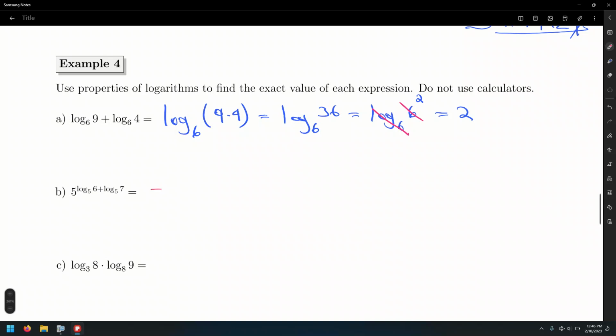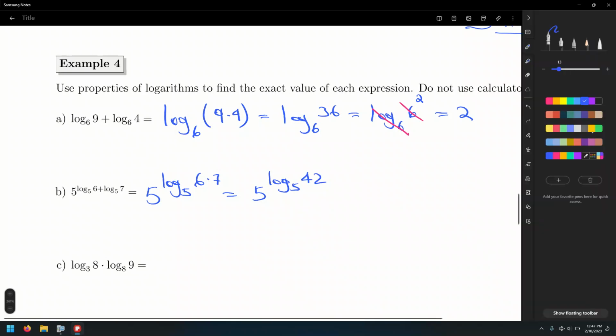That is 5 raised to the log base 5 of 6 times 7, which is 5 raised to the log base 5 of 42. Well, in this case, since we have one single logarithm and one single base, we cancel log base 5 with the exponential 5. Final answer, the number 42.